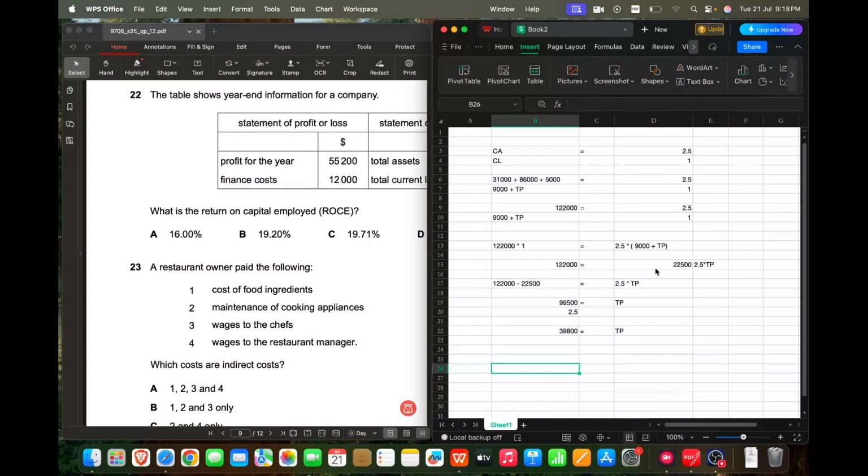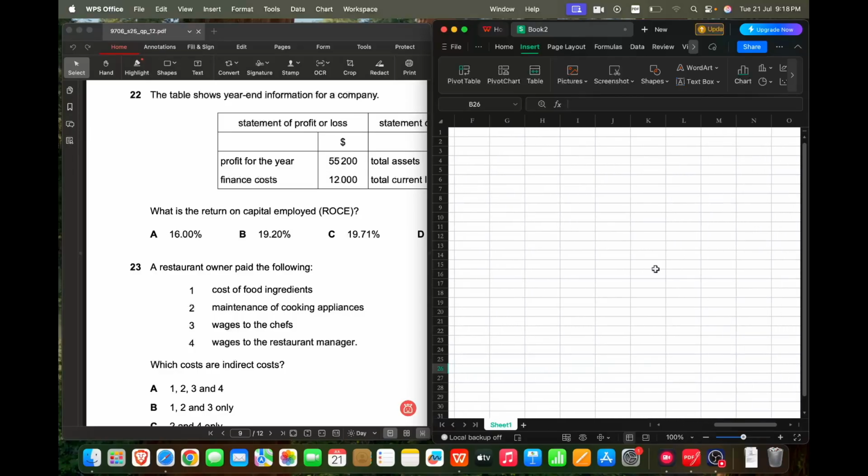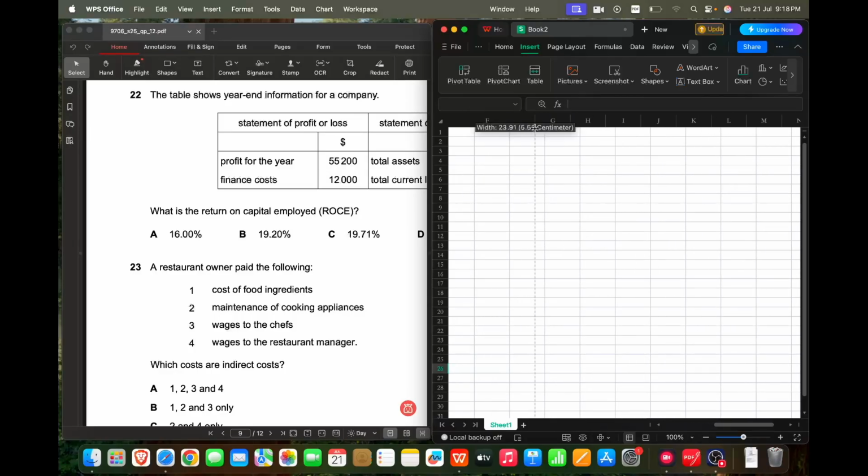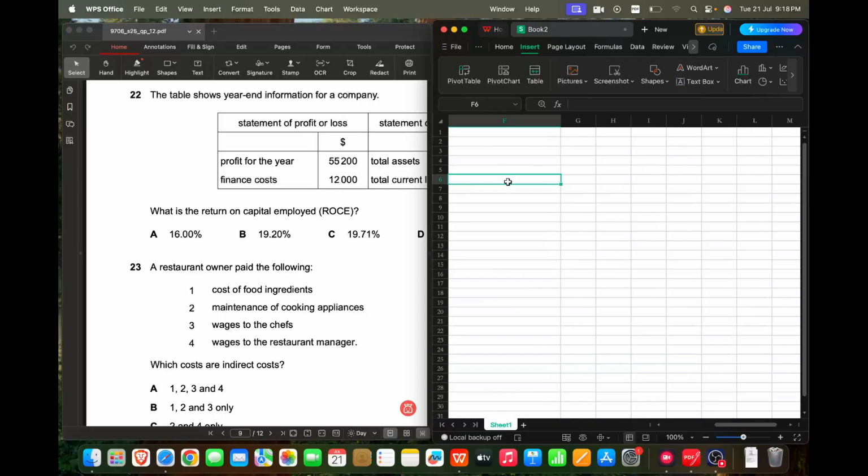In order to calculate return on capital employed, the formula is profit from operation, or we can also say profit before tax and interest, divided by capital employed, into 100.